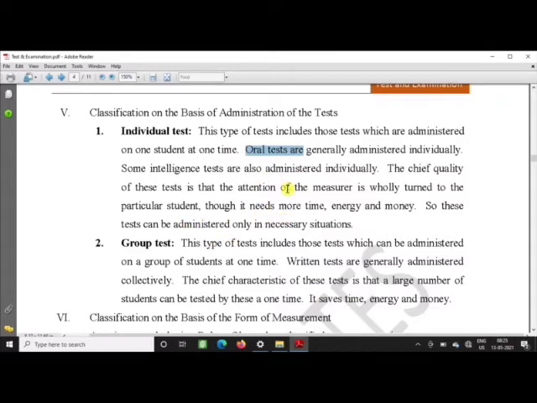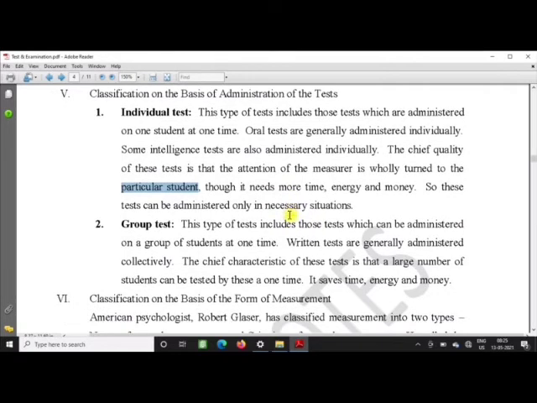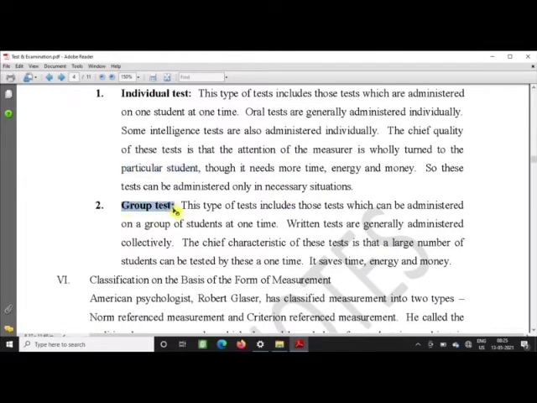During this test, the entire attention is given to the student, because there is only one student performing the test, and the entire attention of the measurer is given to that one student. And since this is an individual test, it consumes lots of money, time and energy.